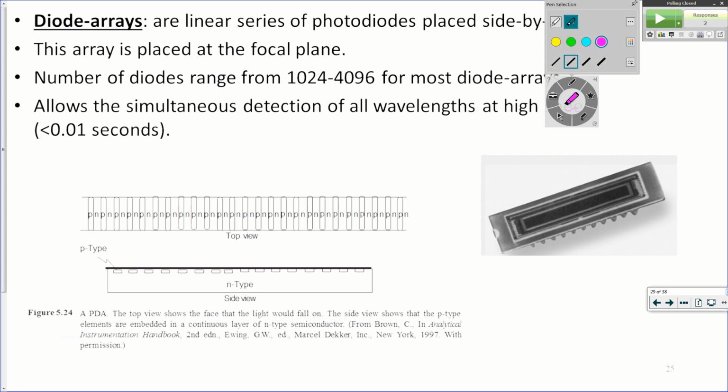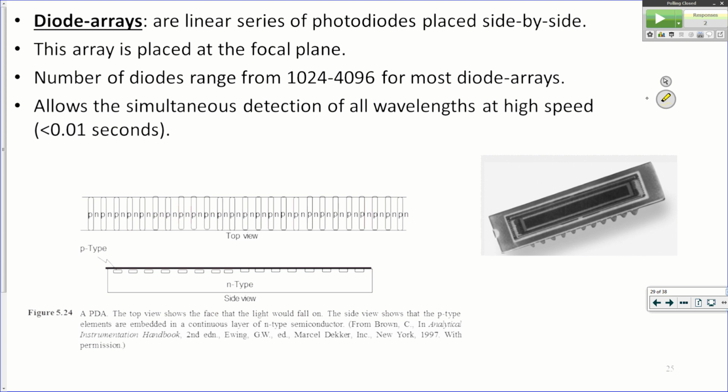So common diodes that we had just a few years ago, a 1024 was a pretty big array, and typically this is the size of actually one of these things you're talking about. Well, this picture's blown up. You're talking about a sensor that's 2 to 3 centimeters where the focal plane is going to be.